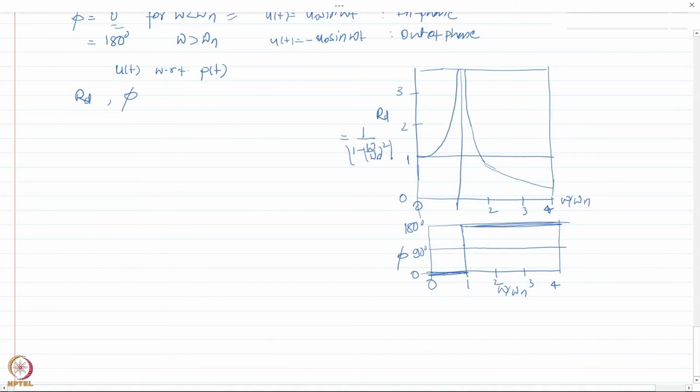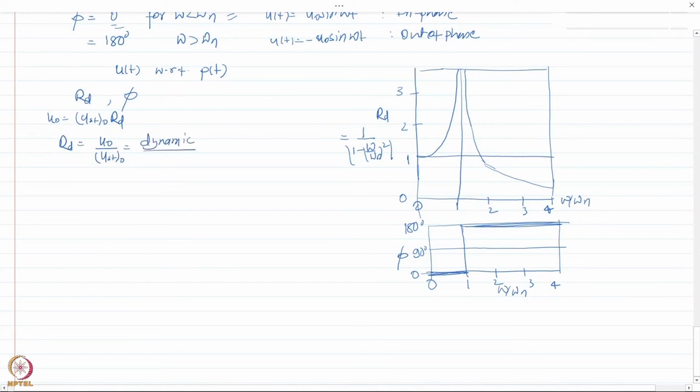We've talked a lot about RD and phi. Let us see what is the physical significance of these two quantities. Remember we said that my u naught is UST of 0 times RD. RD is nothing but the dynamic amplitude divided by the static amplitude.